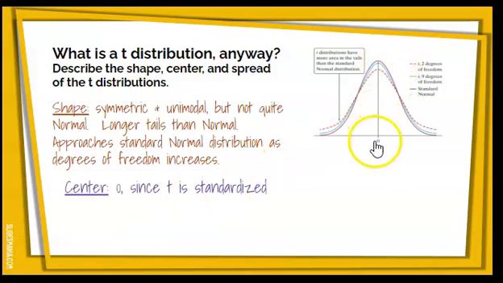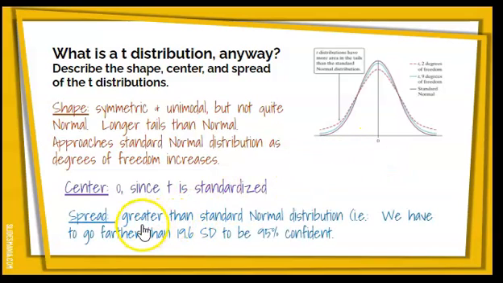Now the center is still 0, just like with a normal distribution, the center is 0. In the T distribution, the center is also 0. And the spread, well, the spread is greater than the standard normal distribution. Basically, you have to go farther than 1.96 standard deviations to be 95% confident. All right, and that's all theory, but how does it work out? Well, let's look at the next slide.